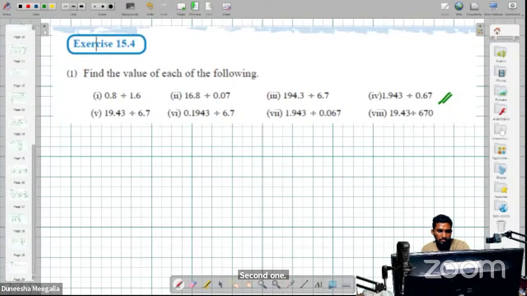Second one, sir. Okay. Naduli? Third one. Okay. Which one are you doing? Third one, sir. Okay. Dulara, which one are you on? Fifth one. Okay.